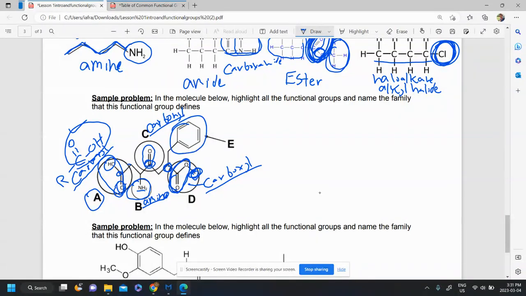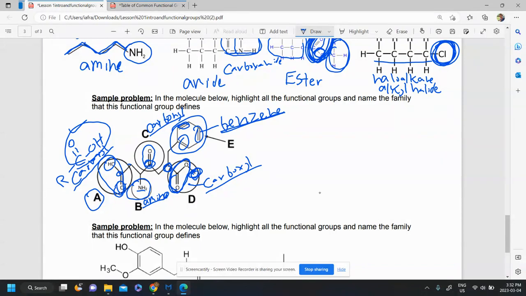Now, E is one of those 6 carbon rings with the alternating double bonds there. So that makes this a benzene functional group molecule, and that would make you an aromatic hydrocarbon if you only had that benzene there.